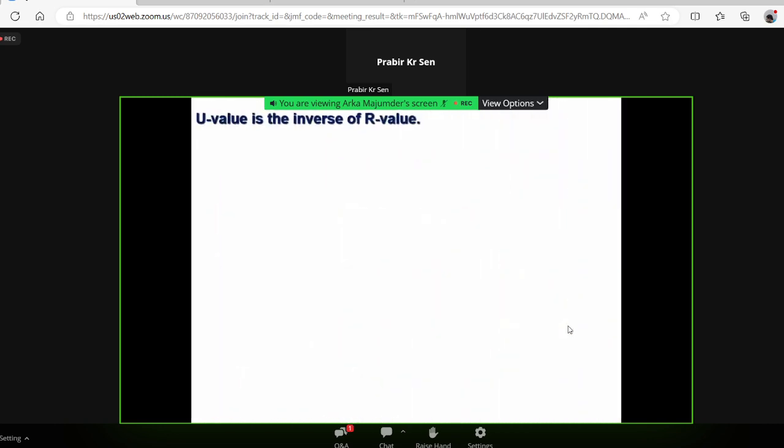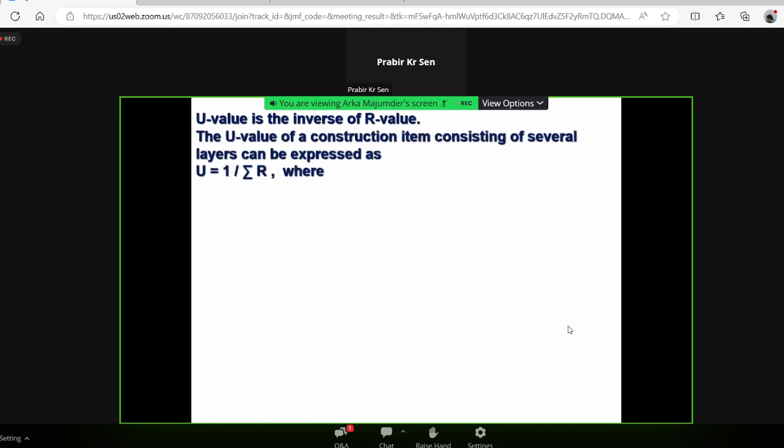U value is the inverse of R value. Thermal resistance, inverse of thermal resistance value is the U value. Next. So, if we have a wall and an insulation together, how do we find the total U value of that?